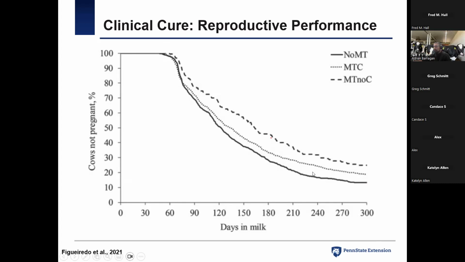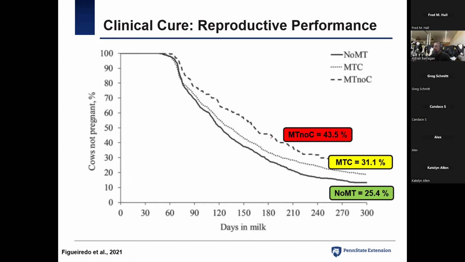So the lower the line gets, the more cows get pregnant. You can see the normal cows, a high percentage of those became pregnant. But then you can see that the ones that responded to treatment were better than the ones that did not respond to treatment. And there was a clear difference between the ones that did not respond to treatment and the ones that were healthy.